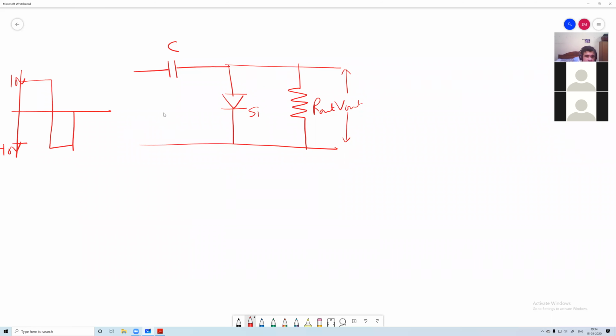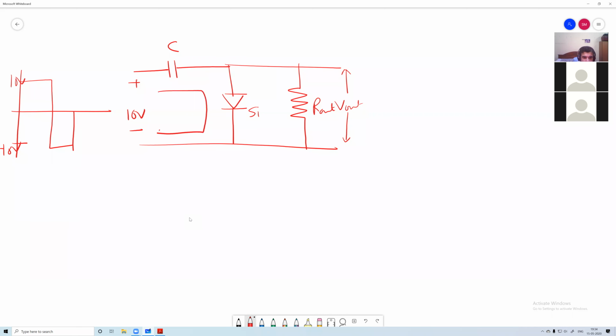So what happens when this is plus 10 volt here? The diode, initially the capacitor we assume to be uncharged. Okay, so initially VC is 0. And obviously the diode is forward biased. So the capacitor will charge itself through the diode.